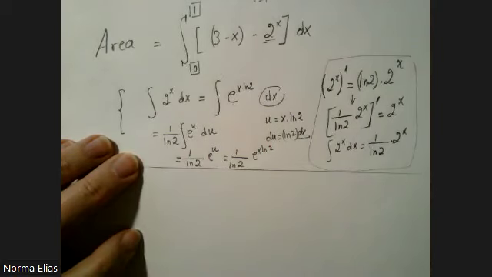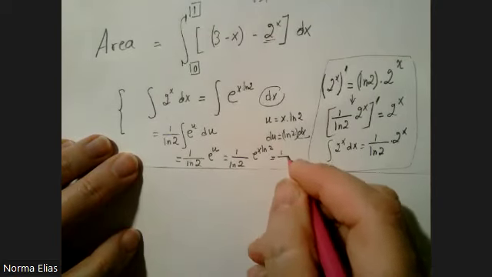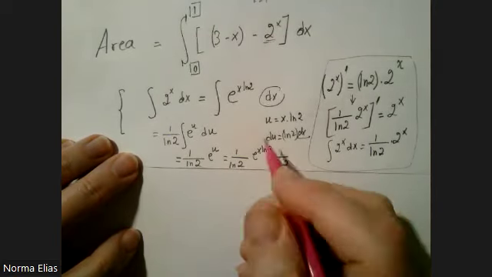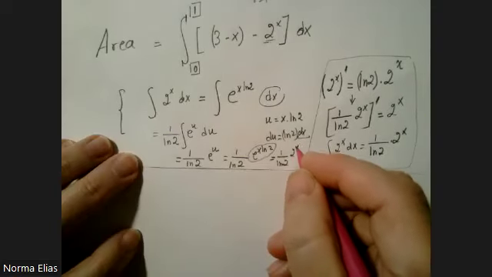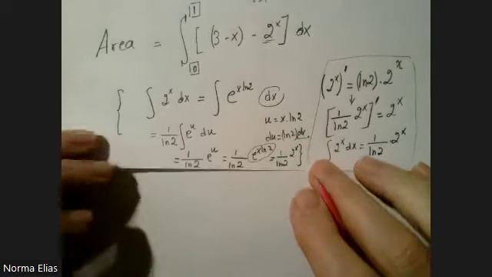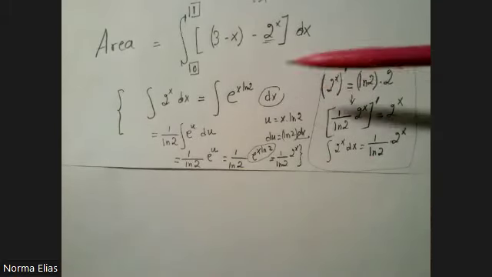Now, I'm not really worrying much about the constant because I know at the end I have a definite integral. So finally, this will give me 1 over ln of 2 e to the x times ln of 2, which is 2 to the x. I close my parenthesis. Okay, so two ways to find the antiderivative of 2 to the x.